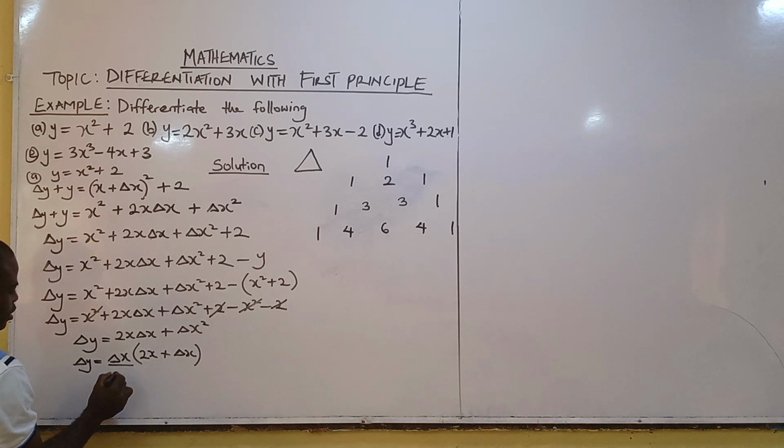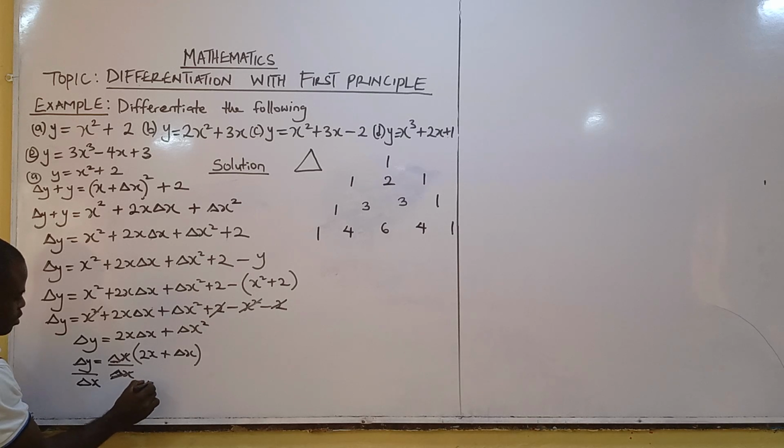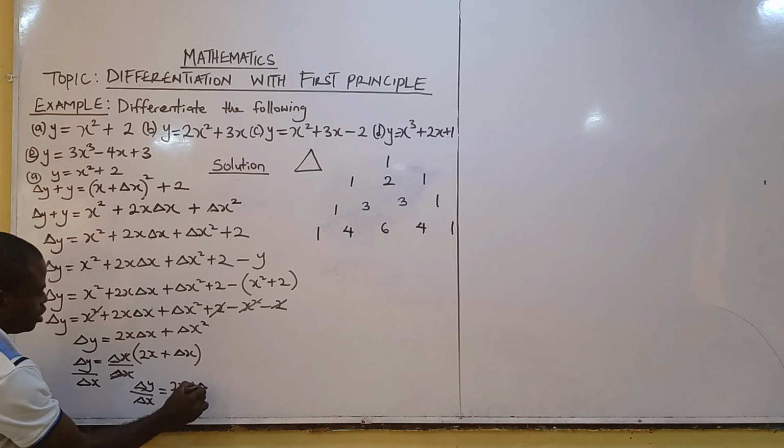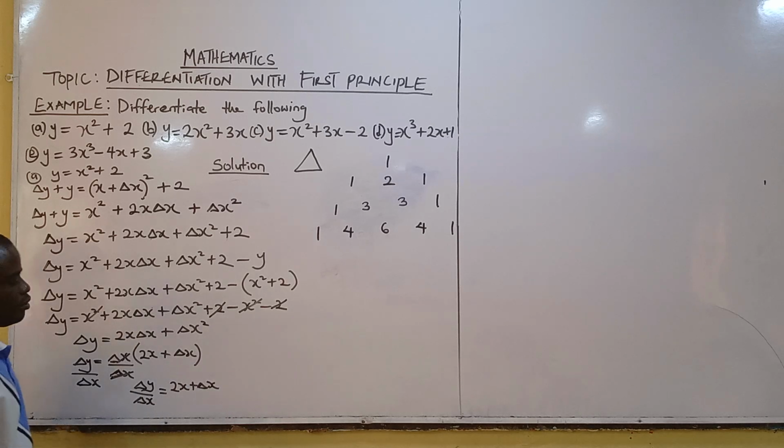Divide both sides by dx, dx cancel dx. We have dy over dx equals 2x plus dx. Okay?